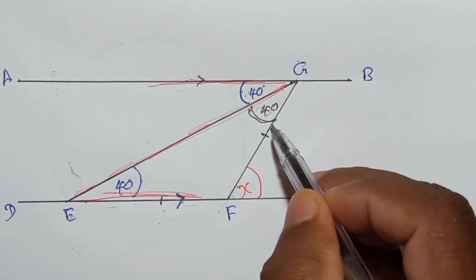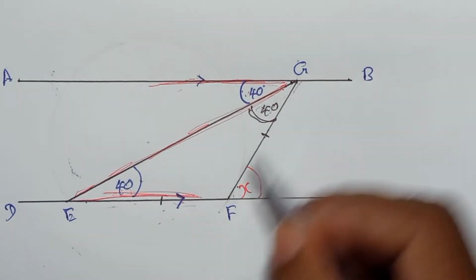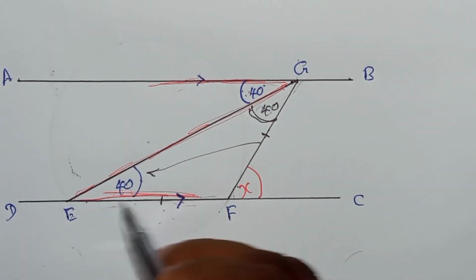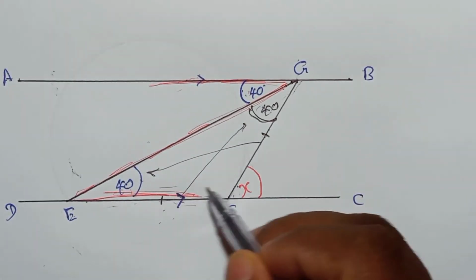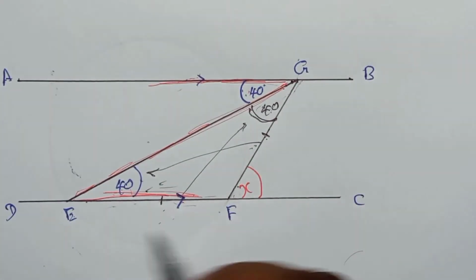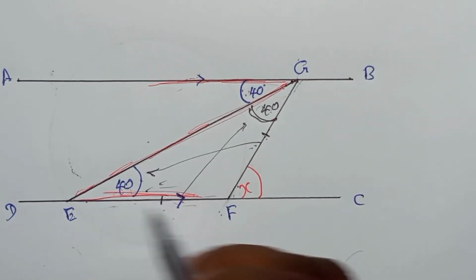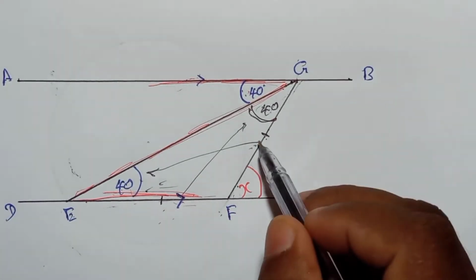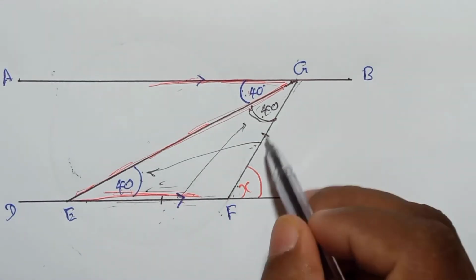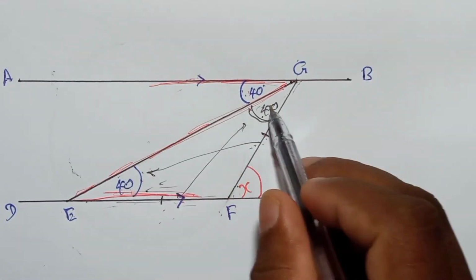Here also 40, right? This side's opposite angle is this one, and this side's opposite angle is this one, because these two sides are equal, no? In triangle EFG, this side equals this side, so the opposite angles of those sides must be equal.